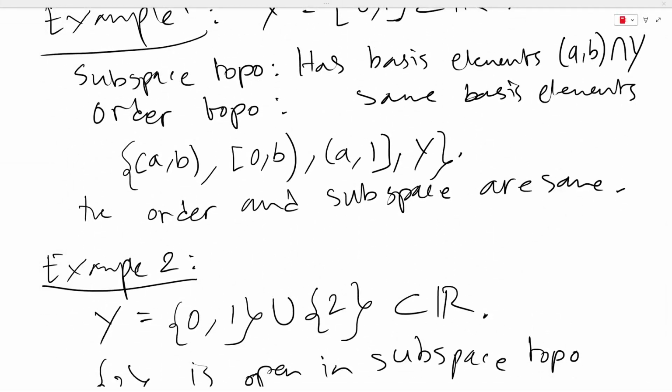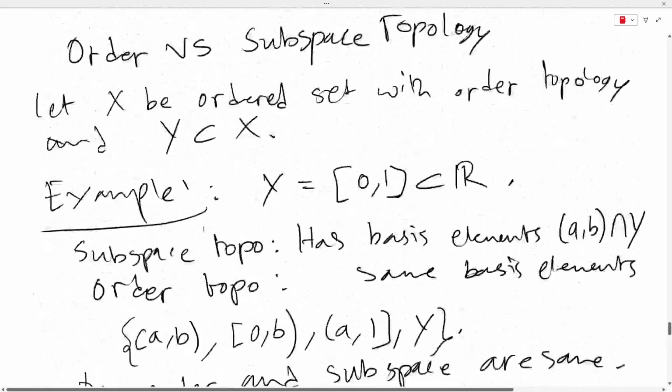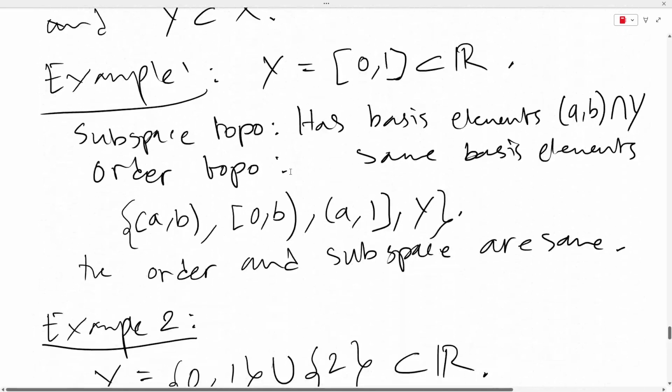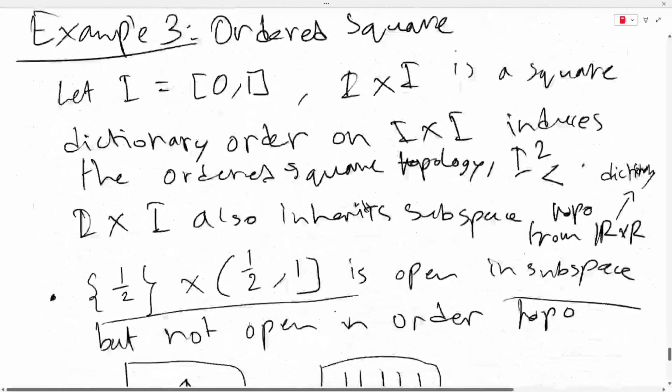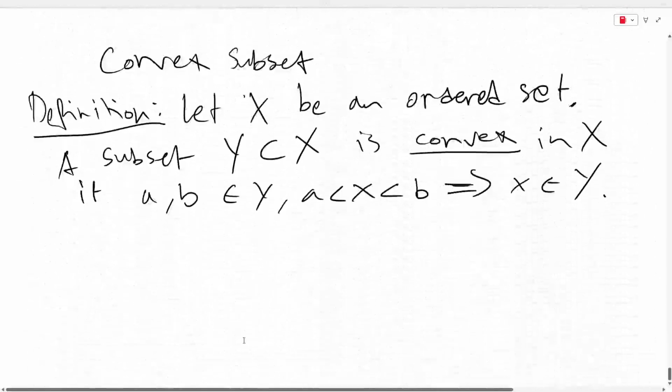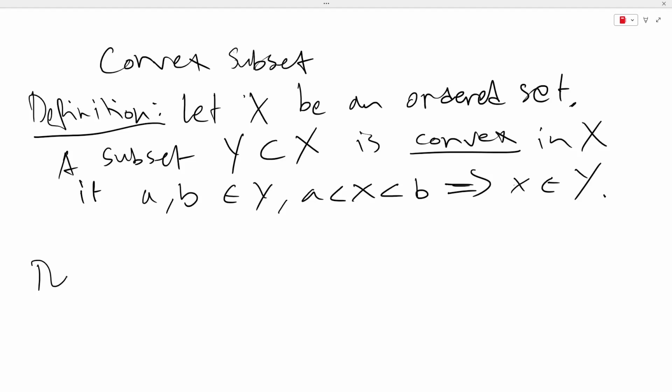In the first example, the subset was actually convex. So that's the reason why this theorem makes sense.